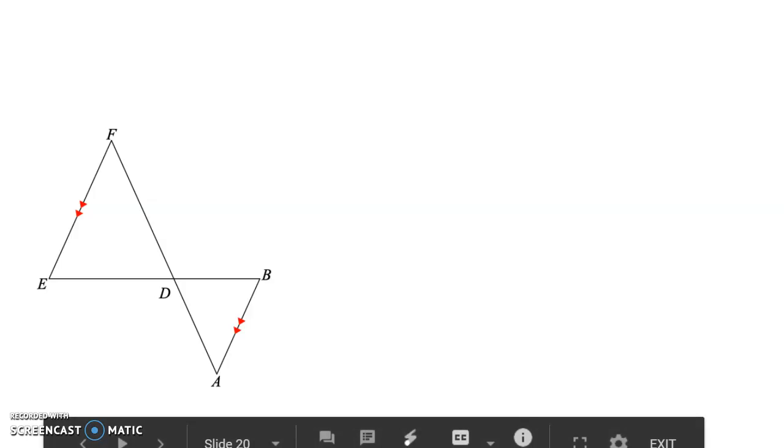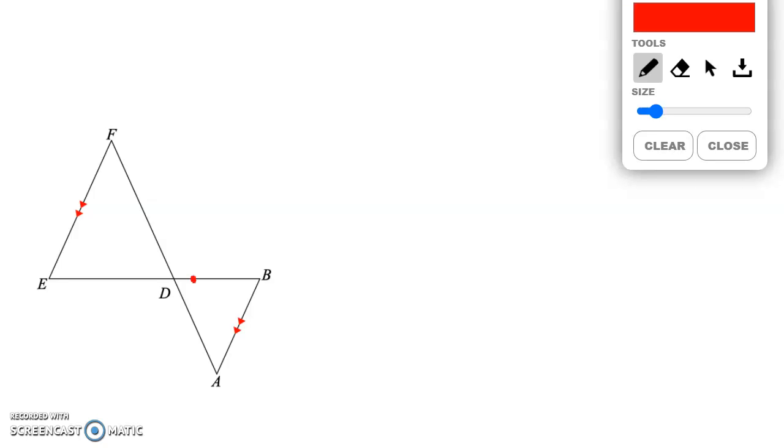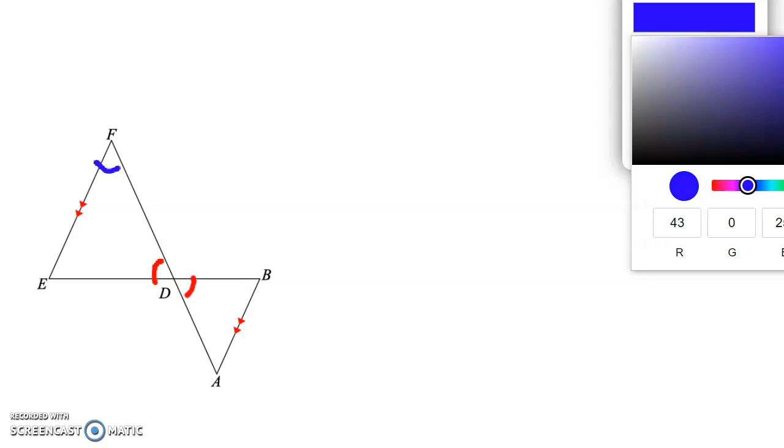Okay? So are the two triangles similar? Do we know that they are similar? Well, what do we know? We know that the two vertical angles are always going to be congruent. So we have an angle pair that is exactly the same. Okay? Do we know anything else? Well, we're told that this line FE is parallel to BA. That means, what do we know about this angle and this angle? What are they called?